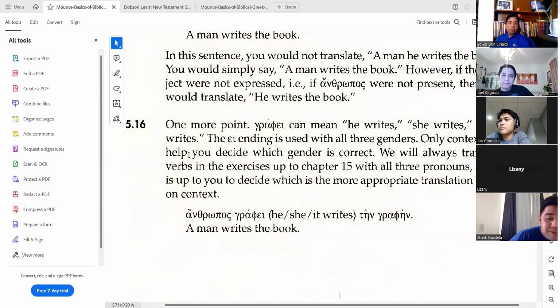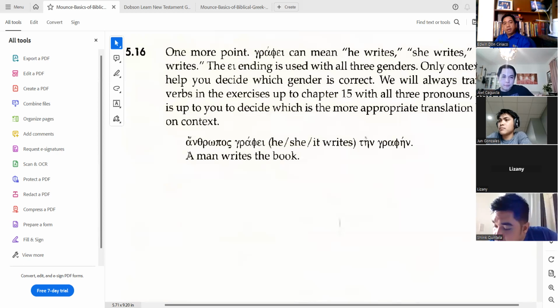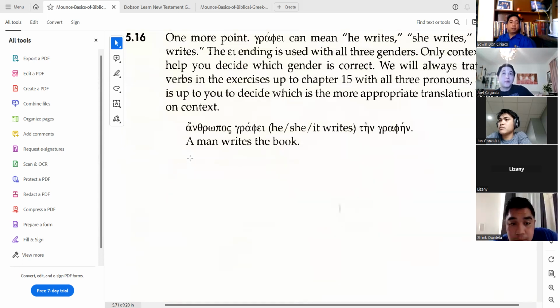So read the last two sentences. Sorry, it's just one sentence. Anthropos graphe. Then graphene. So there is the same sound but different meaning, like the word saka, which is about tilling the soil or planting or farming.